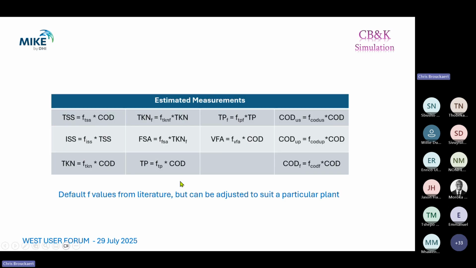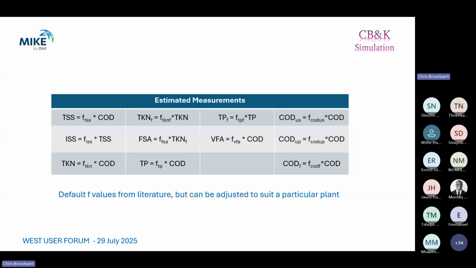So the estimated measurements which are used are simple proportional relationships, and the default values we get from literature can be adjusted by the user to suit a particular plant.